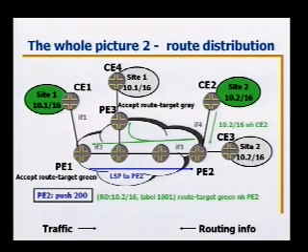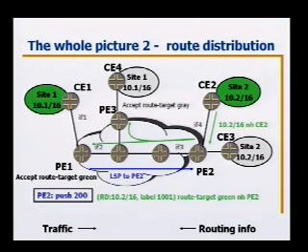Next, PE2 is going to send this route to all the other PEs in the network. The route advertisement is going to arrive at PE3. PE3 doesn't have any site from customer green attached to it, so he's not going to be interested in receiving route advertisements for route target green.